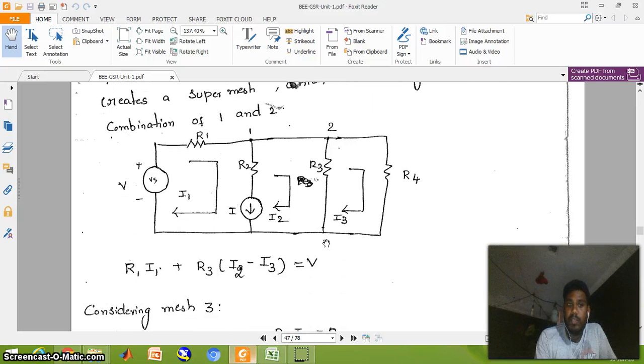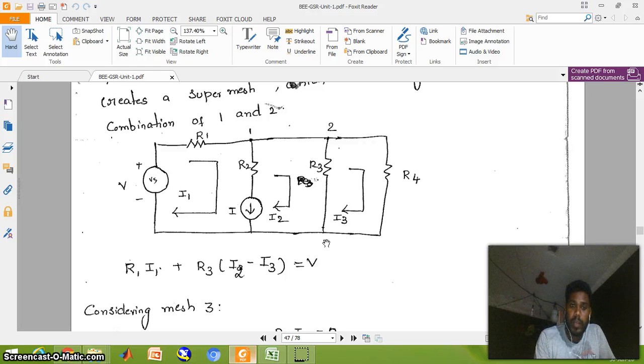So here consider one circuit. In that circuit, a current source, a voltage source, and 4 resistors are connected in a series and parallel combination of both. So in this circuit, there are a total of 3 loops: loop 1, loop 2, loop 3. So first identify the loops.